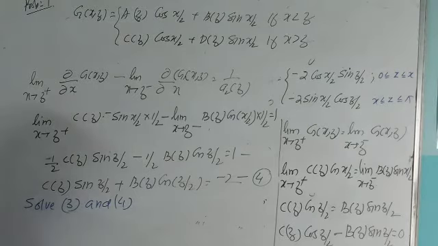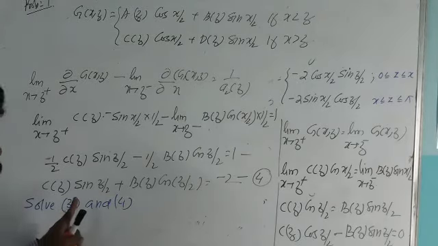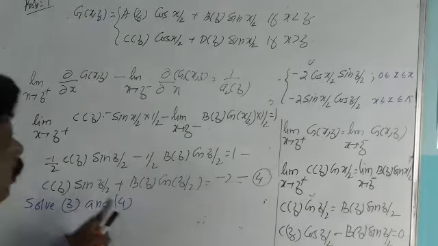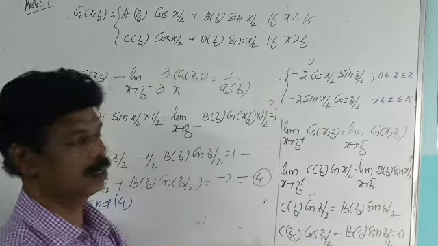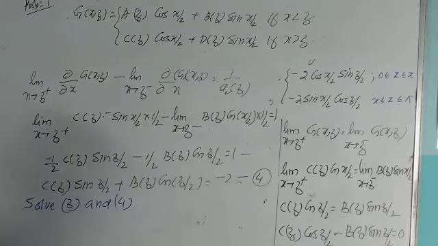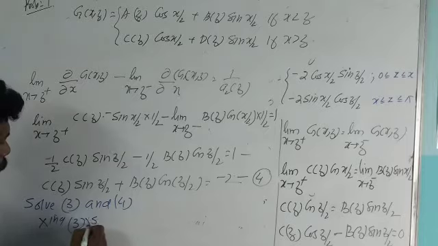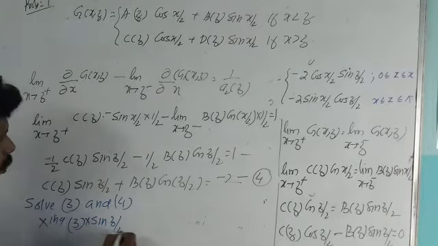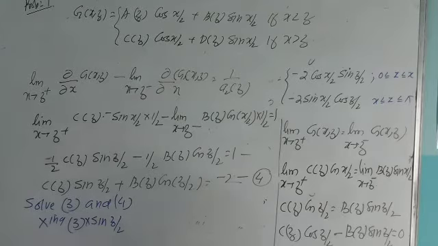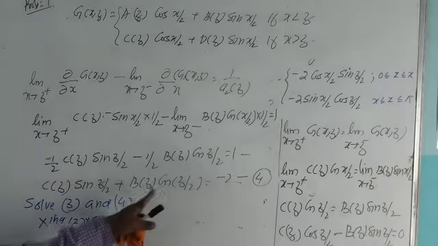Okay. What will you do? You have to multiply equation 4 with cos z by 2, and equation number 3 with sin z by 2. Multiplying 3 into sin z by 2, that is b cos z by 2 sin z by 2.